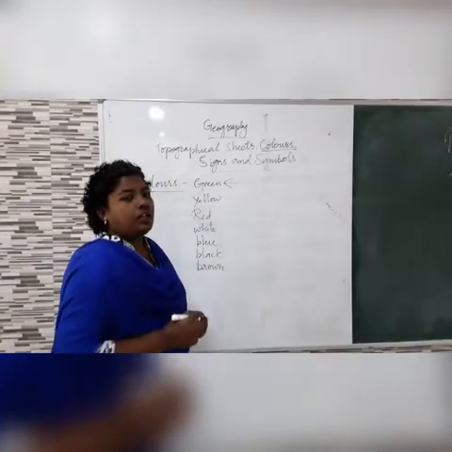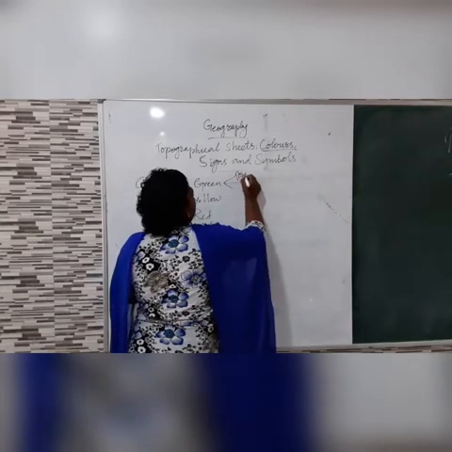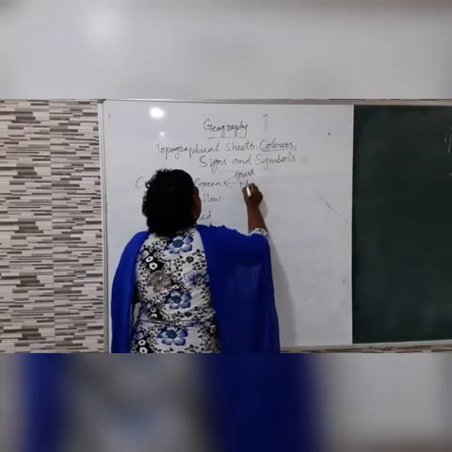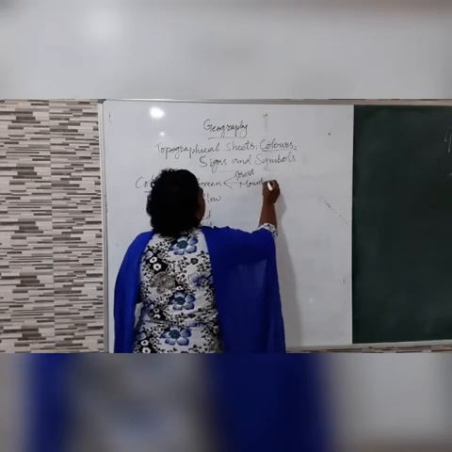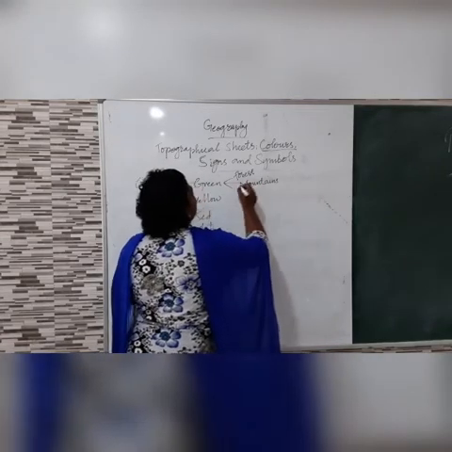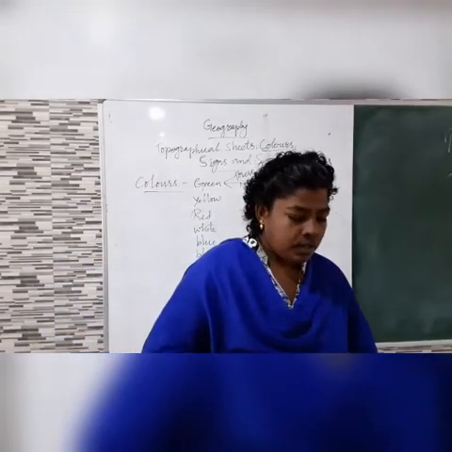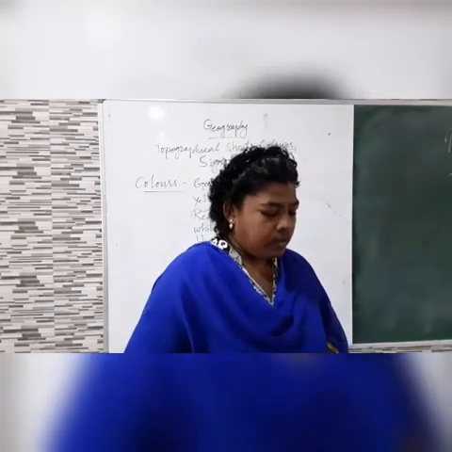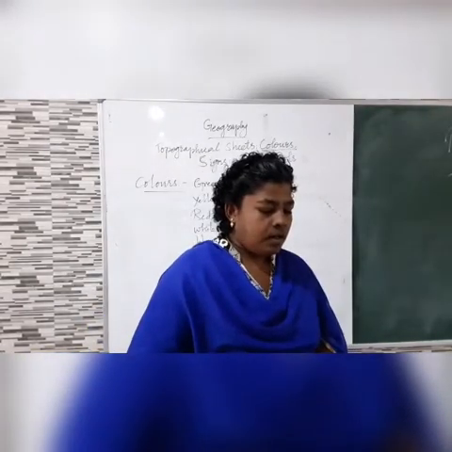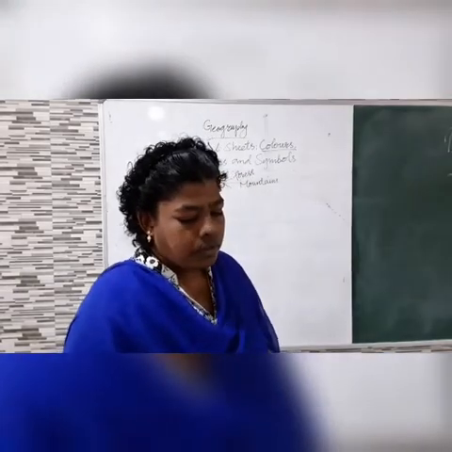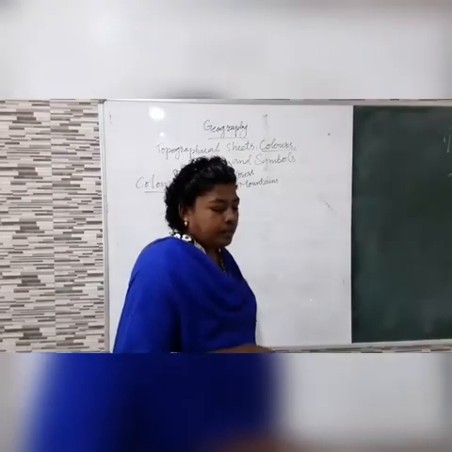Now, what does the green color denote? Green color denotes the forest and the mountainous region, the green areas. To show forest and mountains, which colors are used? Brown and green colors. And all the contour lines are used with brown color.